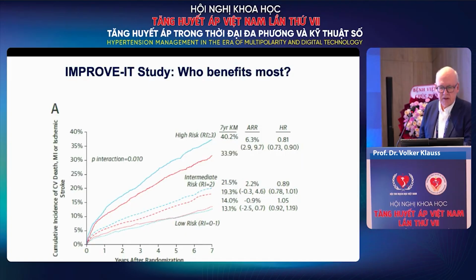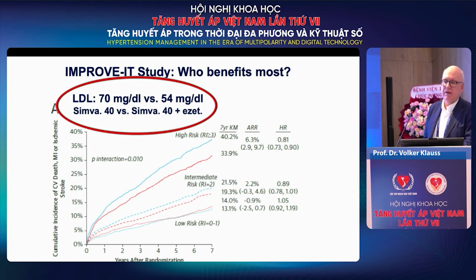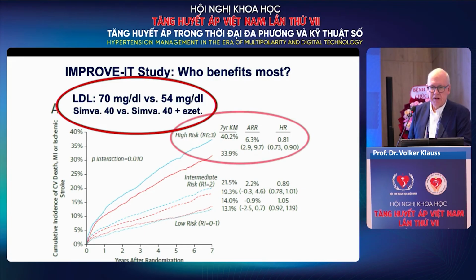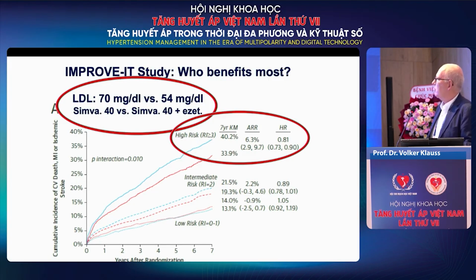And this threshold comes from the IMPROVE-IT study, done many years before in ACS patients, at that time comparing simvastatin 40 plus placebo versus simvastatin 40 plus ezetimibe. And they could show, especially in the patients with a high risk, a risk reduction of about 20%, and this leads to the recommendation of the 55 milligram per deciliter.